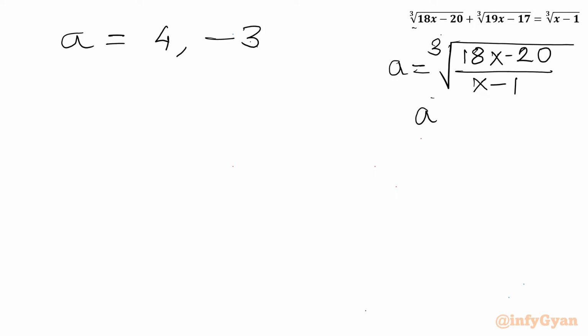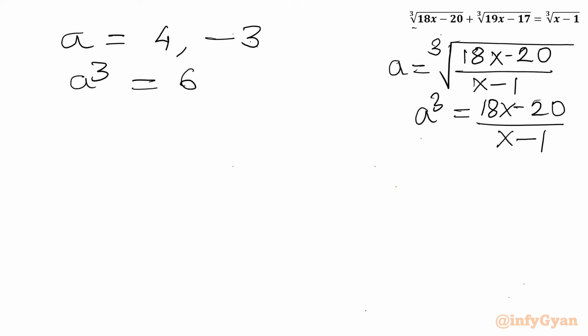So I can write here a cube will be equal to 18x minus 20 divided by x minus 1. So let us find out a cube first. It will be 4 cube, 64, minus 3 cube, minus 27.